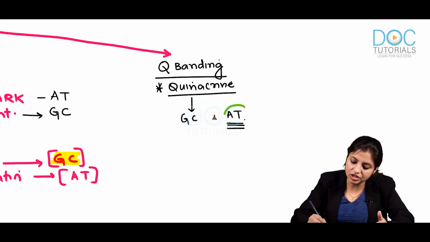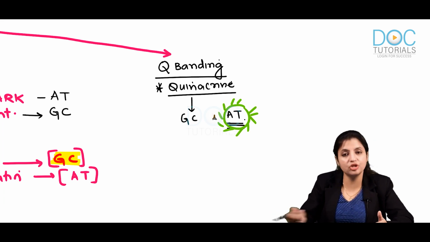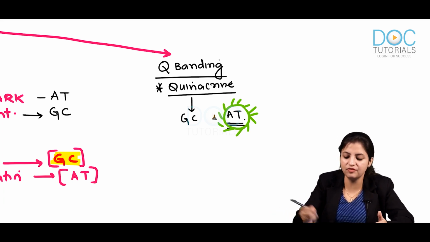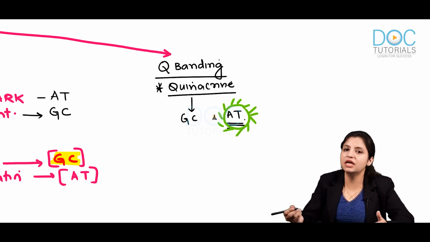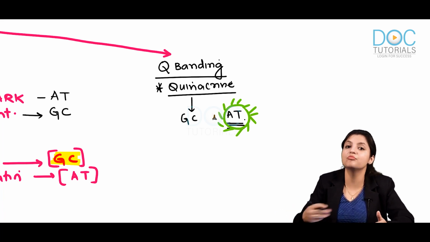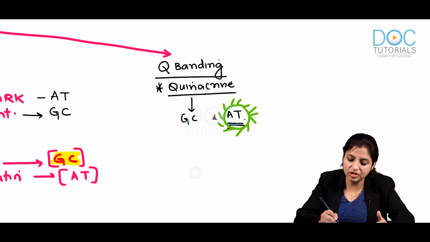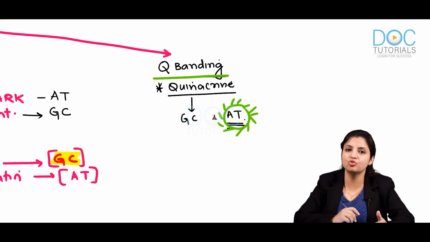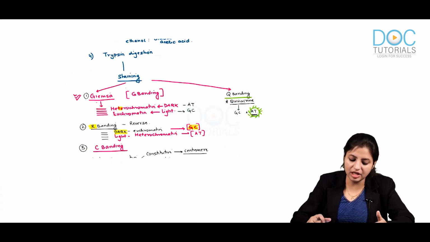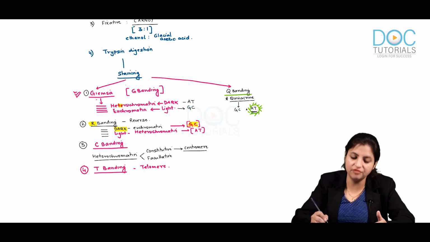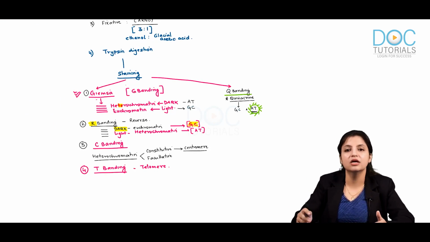Both will bind GC and AT, but AT regions, that is heterochromatin regions, will fluoresce more brightly. This binding is called Q banding. So for all practical purposes, how many types of banding have you studied? Five types: G banding, R banding, T banding, C banding and Q banding.